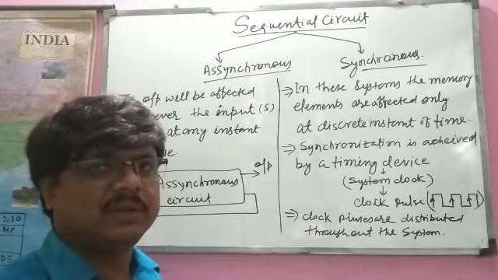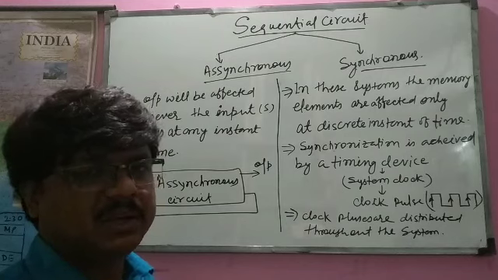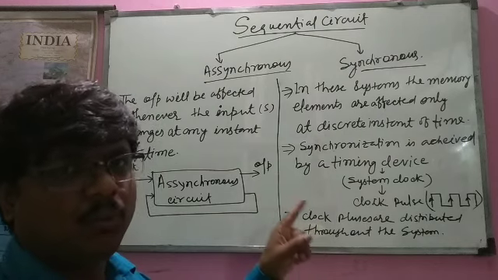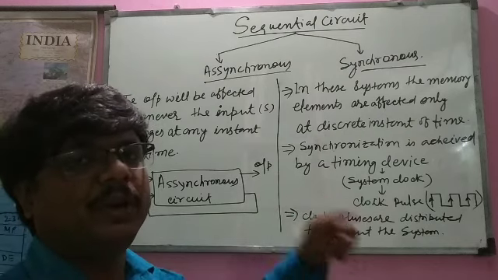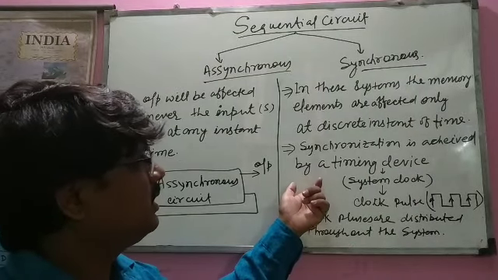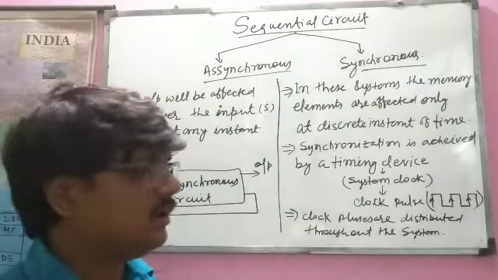It is not necessary that when the input has changed, the output gets affected. No, its output will change only when the clock arrives. So when the clock arrives, only then will the output of the sequential circuit change.